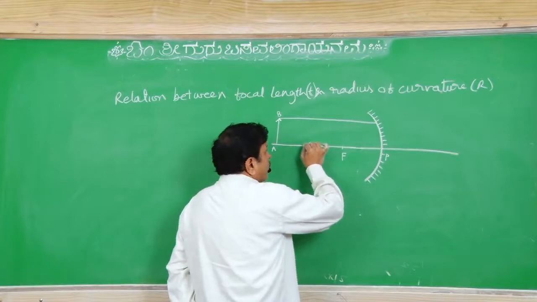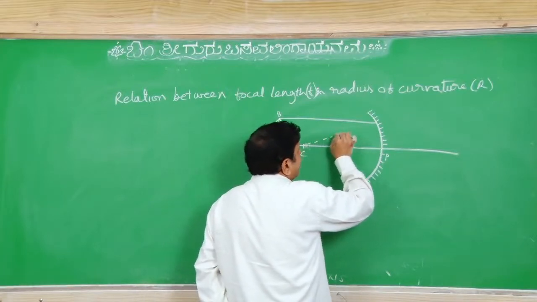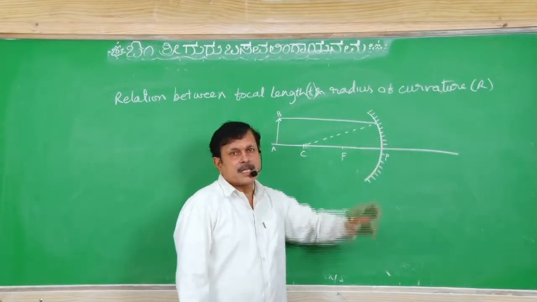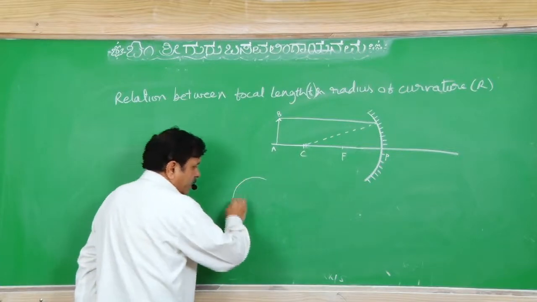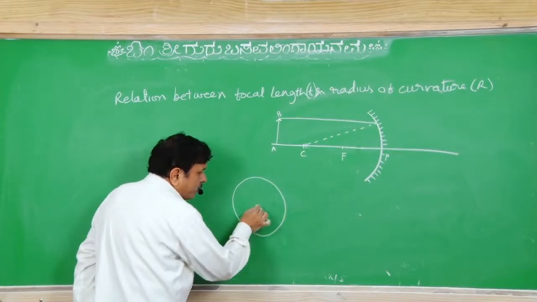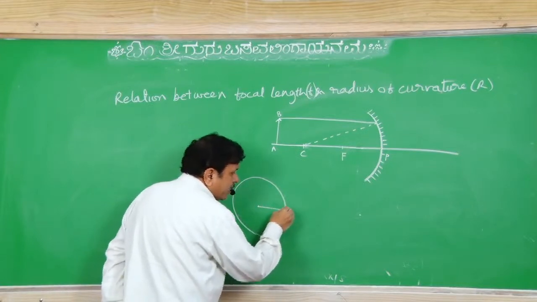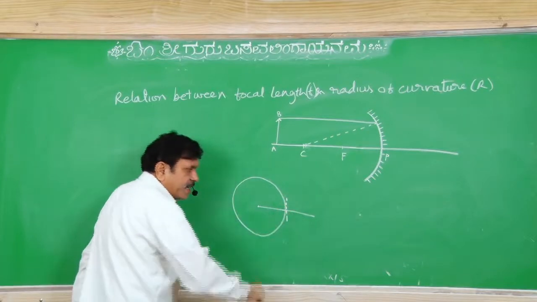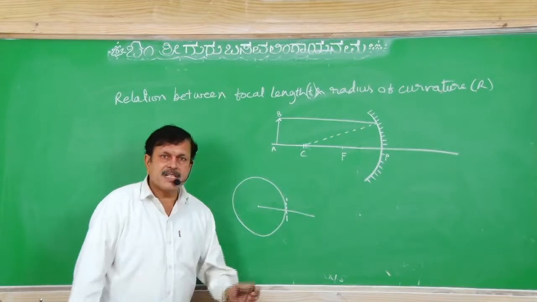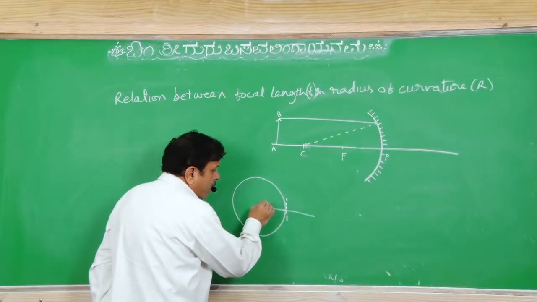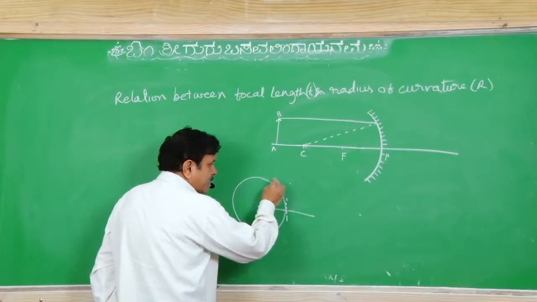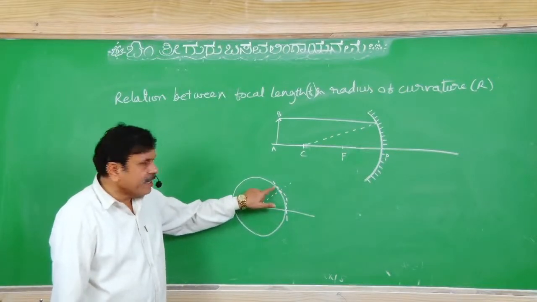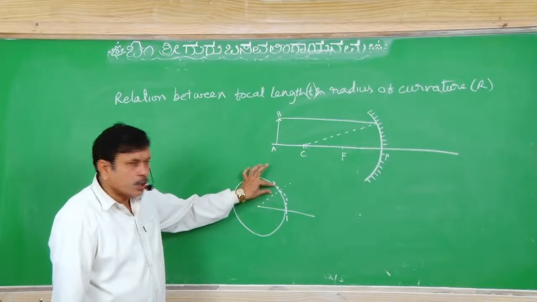Now, here, if you want to find out normal, normal is any line passing through center of curvature and the curved surface. Because if we take a sphere, say this is center of curvature, and we draw this line, it will be nothing but a normal here. How? Suppose we draw a tangent here, the angle between radius and tangent is 90 degrees. Assume we draw one more line like this, and draw a tangent, then the angle between radius and tangent at that point will be 90 degrees.